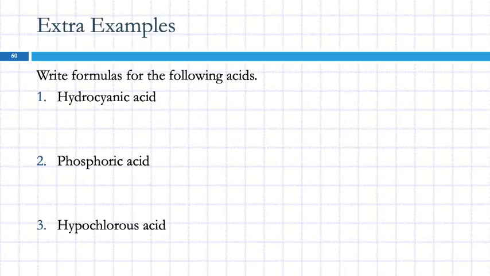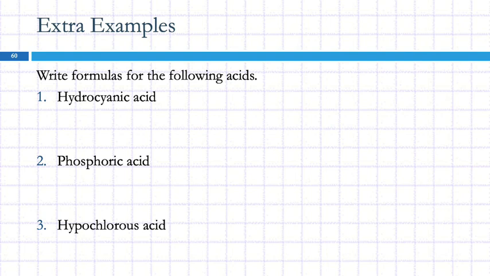So write formulas for these acids. Hydrocyanic acid. Is that an oxyacid? No, but thank you for guessing. When it starts with hydro, it's not. It's just a binary acid, so this one doesn't have any oxygen in it.